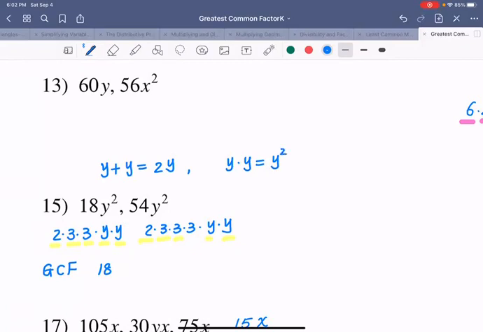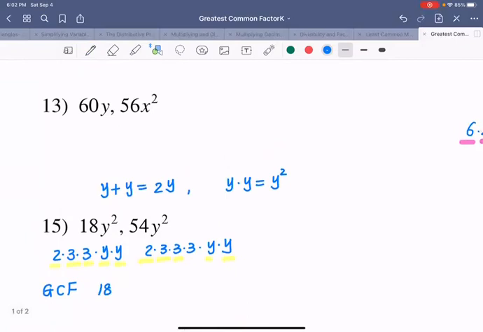Let me show you what square means. If I tell you the side is y and y, and this is a perfect square, the area is going to be y squared. Does this make sense?